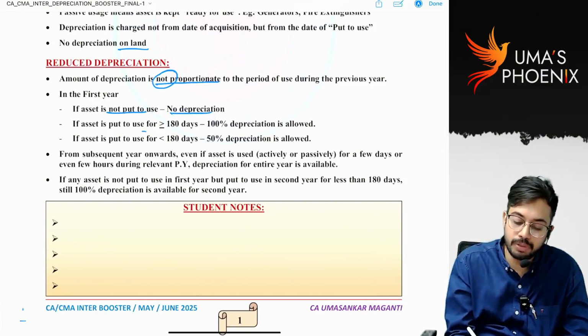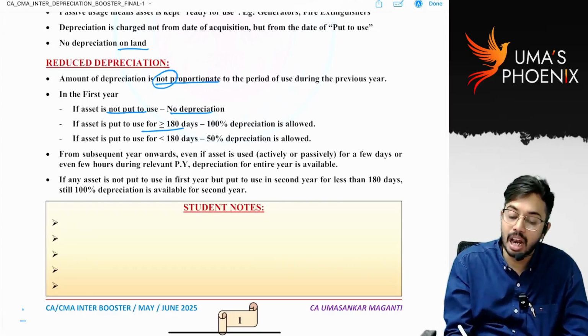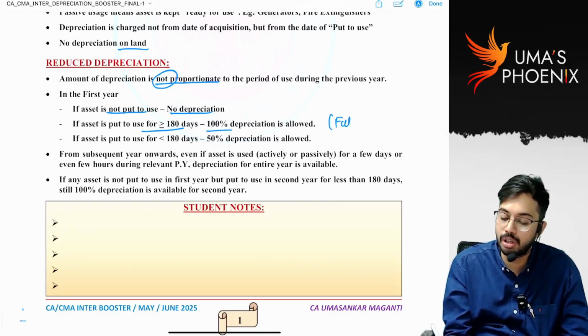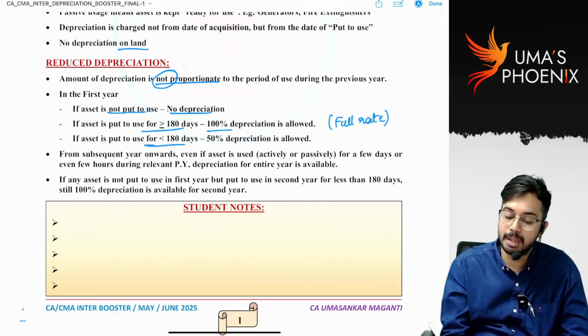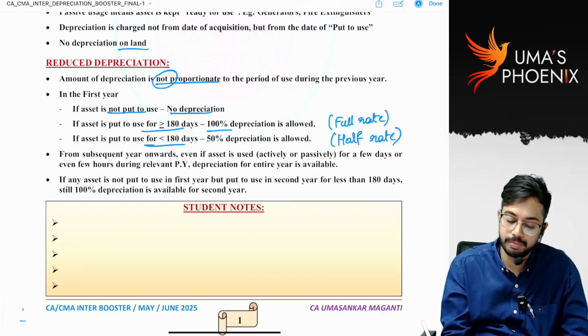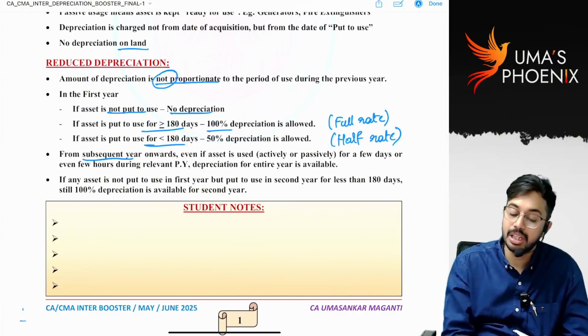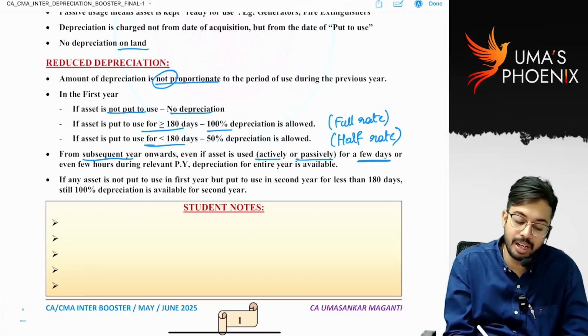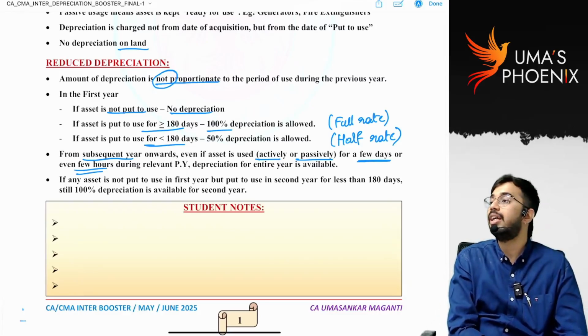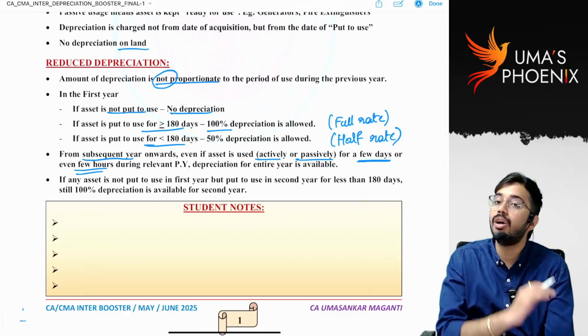Asset put to use for greater than or equal to 180 days, 100% depreciation, that means the full rate is allowed. Asset put to use for less than 180 days, 50% depreciation, that means the half rate is allowed. From subsequent years onwards, even if the asset is used actively or passively for a few days or even a few hours, still you can claim depreciation for the whole year.